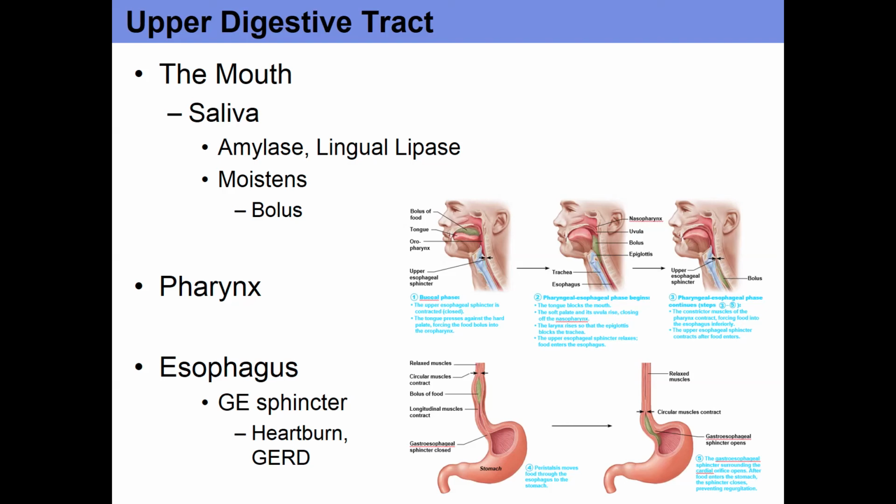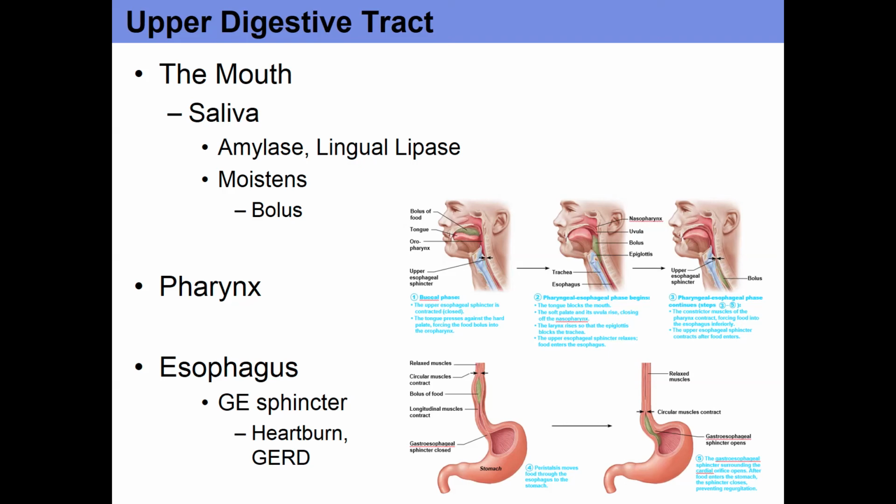Saliva has two enzymes in it. Amylase: anything that ends in -ase is an enzyme, and amylases are enzymes that break down carbohydrates. So the breakdown of carbohydrates, again, breaking down those long strings of carbohydrates into single glucose molecules, is going to start in the mouth. And then you also have lingual lipase; anything lingual is the tongue.